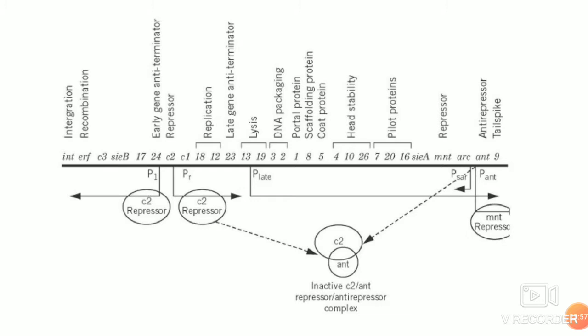When this P1 promoter is active, you have the production of this integrase protein, and the host-encoded integration host factor. The circular phage chromosome carries a similar site termed attP. The phage contains attP, the bacterial chromosome contains attB. A single crossover event catalyzes the integration of the phage genome into the bacterial chromosome.